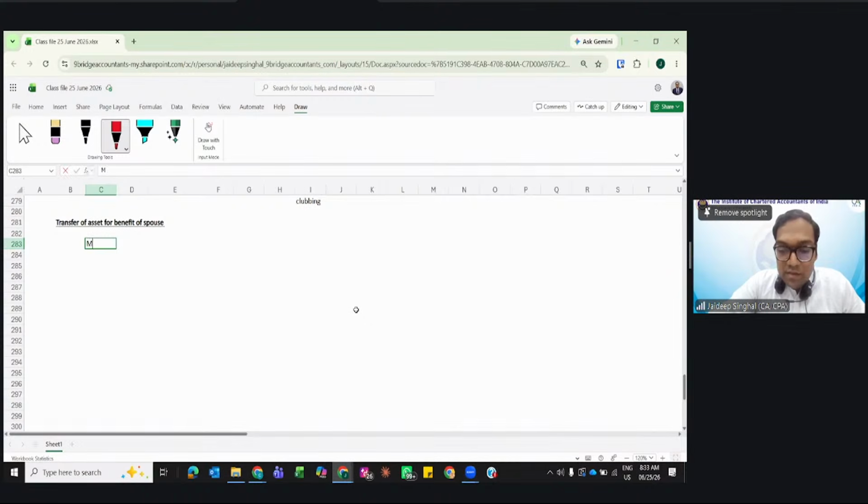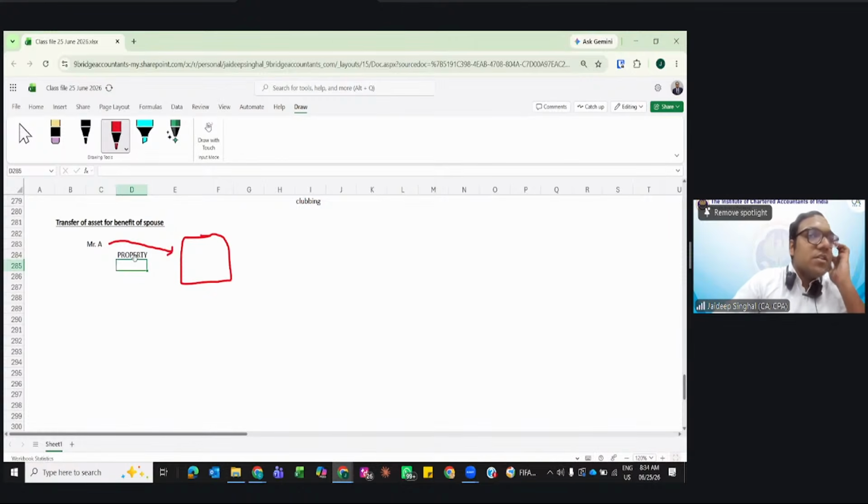Let's suppose Mr. A has transferred, let's take a simple example, a house property to the trust. Now the rental income from the trust is going to Mr. A's spouse.